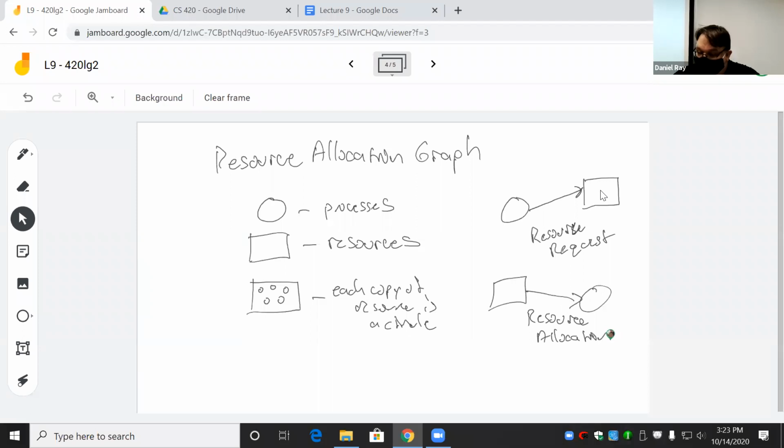This is the process asking for a resource. This is the current state of the system where a resource has been allocated to a given process. And if you have multiple processes or multiple resources, you'll sometimes see an arrow coming into a specific resource and a specific resource being sent out to a specific process.